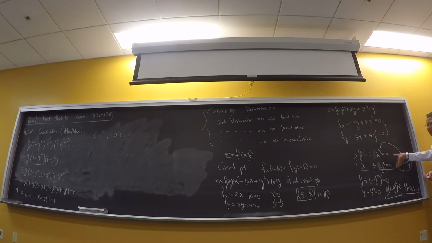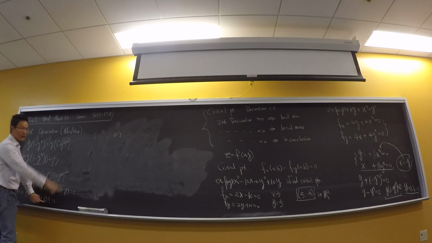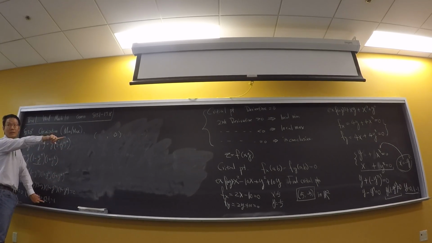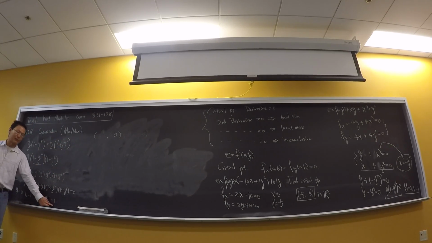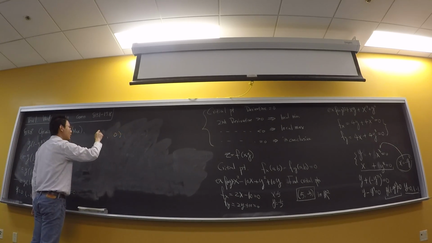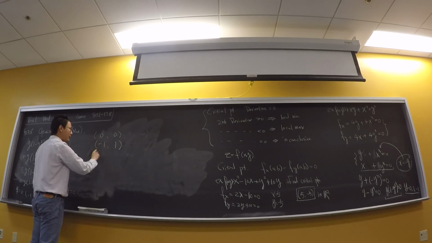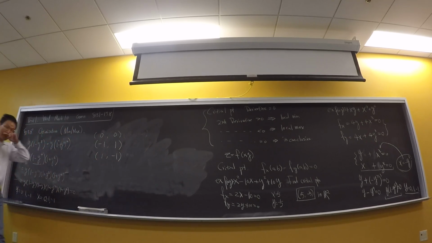Which means if I pick my y value, my x value has to come from that equation. I cannot choose x freely anymore. So I have 0 minus y cubed, 1 minus y cubed, and minus 1 minus y cubed. So these are the only 3 critical points.